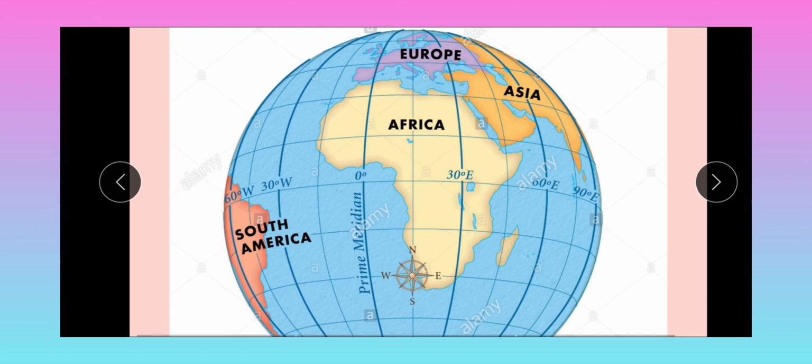In this way we can find particular places on the earth. I hope you understand this very well. Try it once: go and look at the globe and try to find different places on the globe with the help of longitude and latitude.